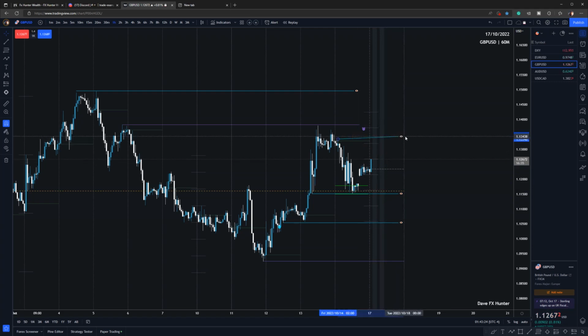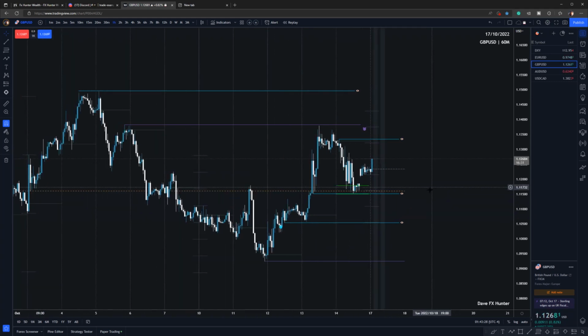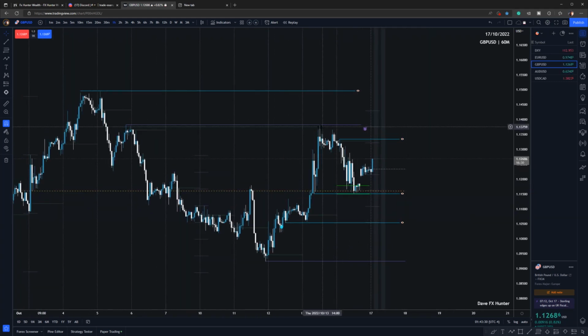Here we have Friday's high, and here, which I think is a nice level where there will be a lot of money, and here as well. Here we got these two equal highs, which is also the previous week high, like this.